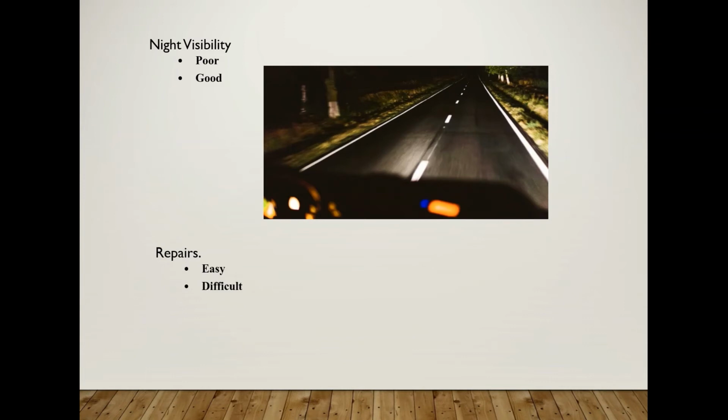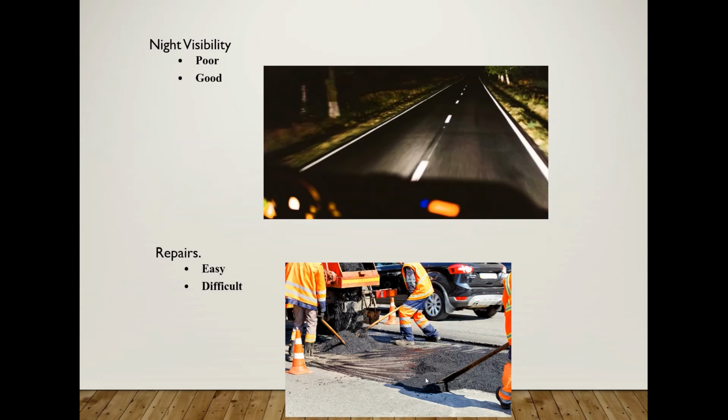Repairs are very easy to carry out in flexible pavement because you just have to lay the bituminous layer and the material. But it is somewhat difficult in rigid pavement because it is a slab type structure. If some cracks occur, it is very difficult to do the repairs for that cracking portion.